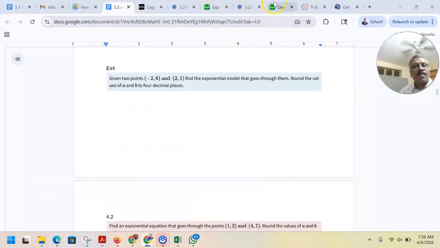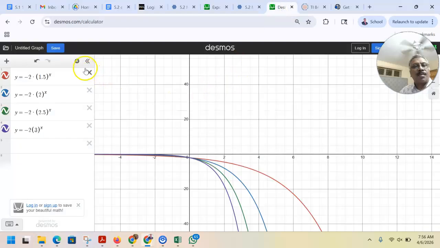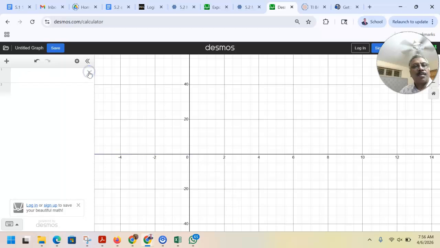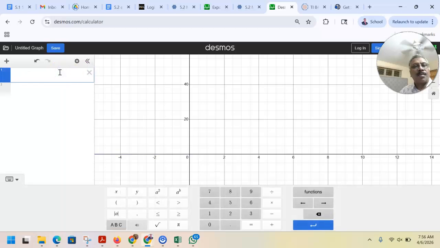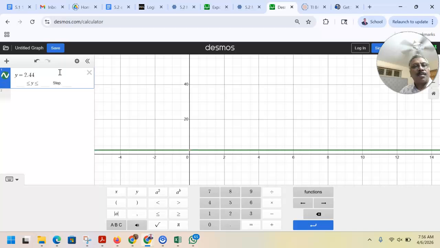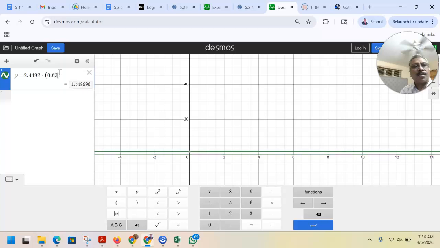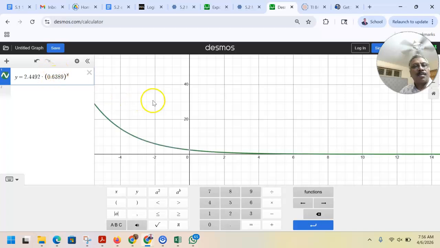Or if you use the Desmos calculator, okay, and cancel out all this and plug in y equals 2.4498 times 0.6389, and go up and put an x, and you can see the graph right here.